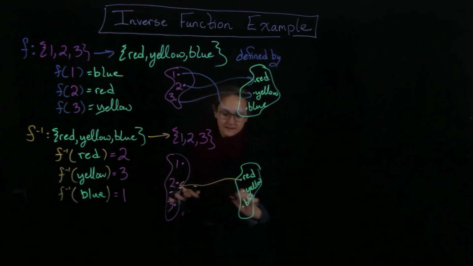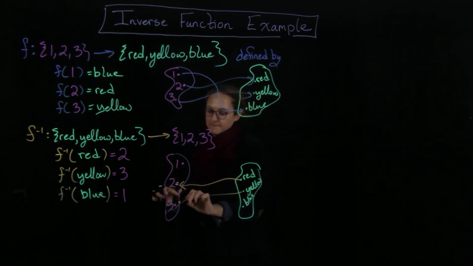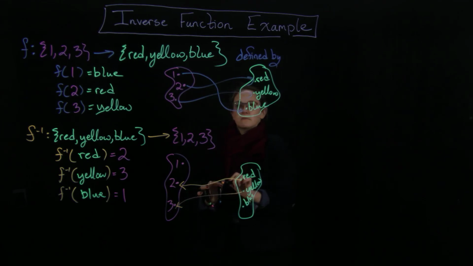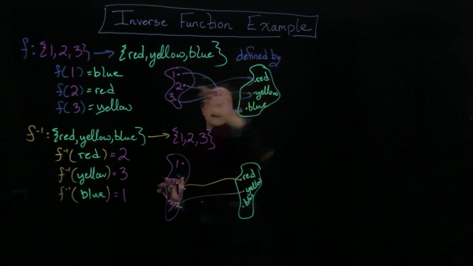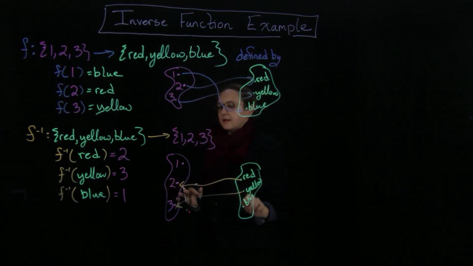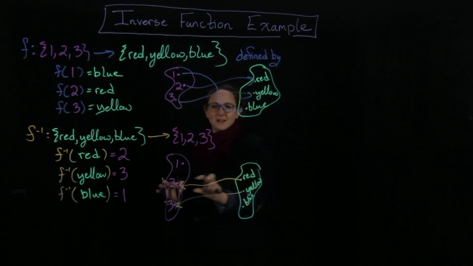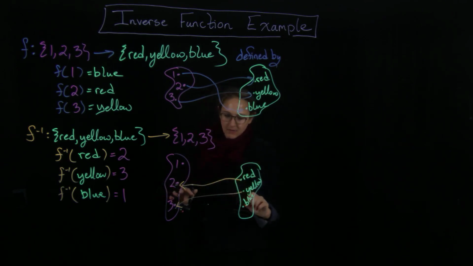And yellow's got to go to 3. Okay, so I've just turned those 2 arrows around, and then blue has to go to, they look more parallel here, it's just how I oriented it, and blue needs to go to 1, right?